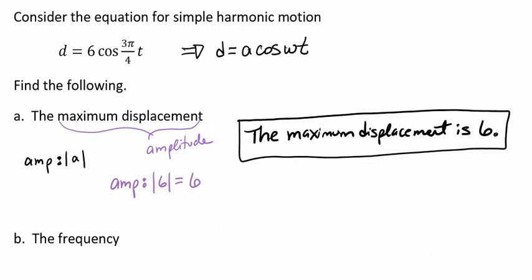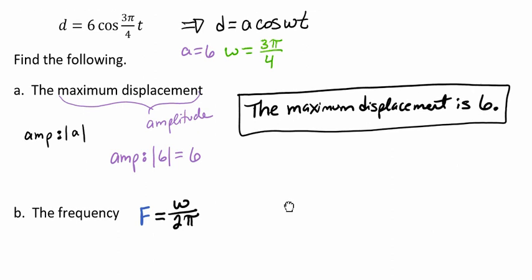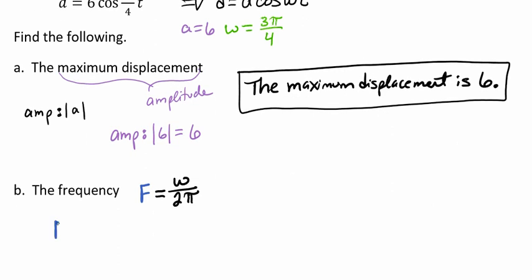To find our frequency, we're going to want to use our frequency equation, f equals w divided by 2 pi. So we can see here that we have an a value of 6 and a w value of 3 pi over 4. We can plug that into our frequency equation. So frequency equals 3 pi over 4 divided by 2 pi.